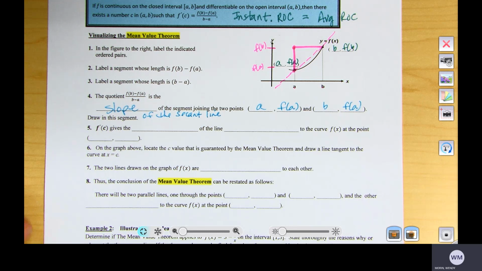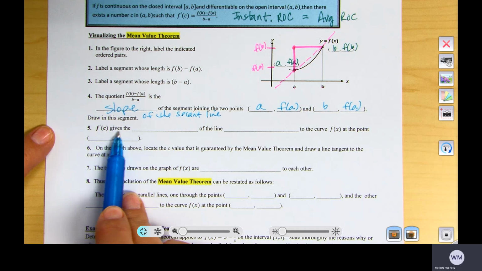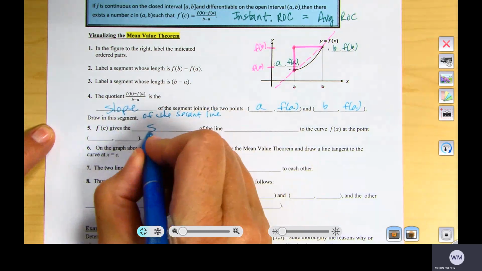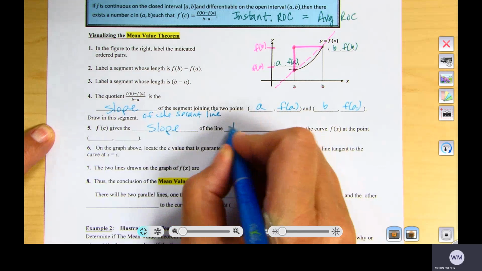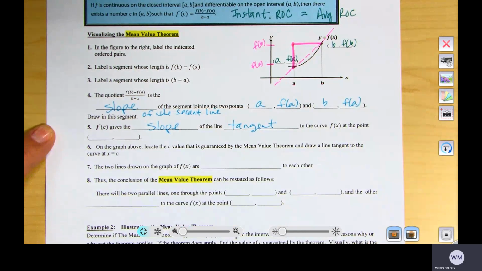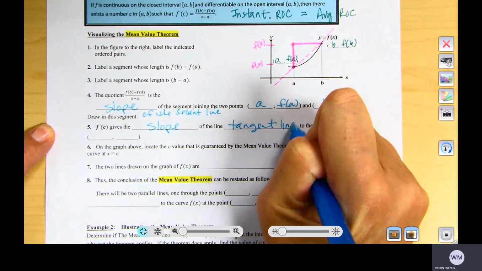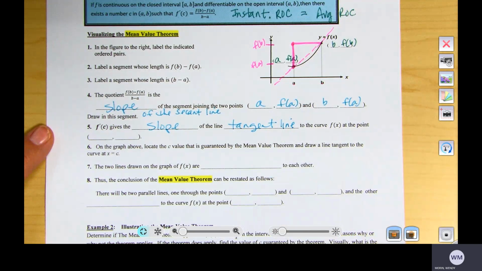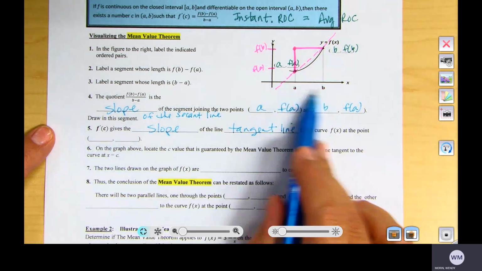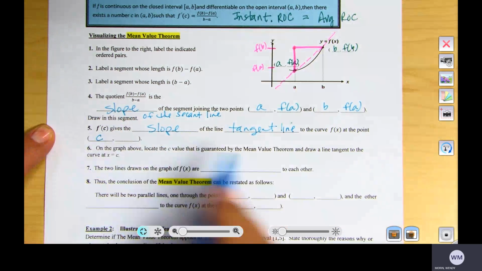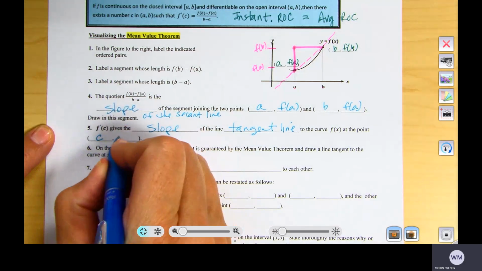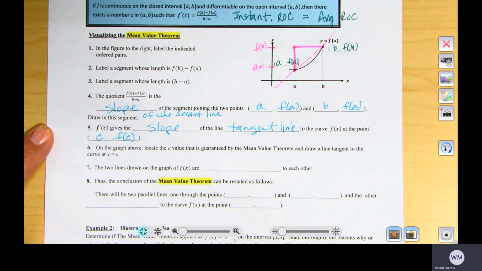And in calculus, we call it the average rate of change. Okay? Now, f prime of c gives the slope of the tangent line. Now it says that c is somewhere in between a and b. So it gives the slope of the tangent line to the curve at some point c. Its y value would be f of c.